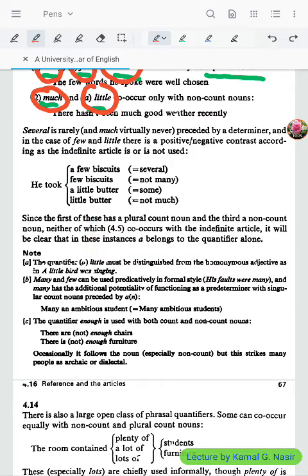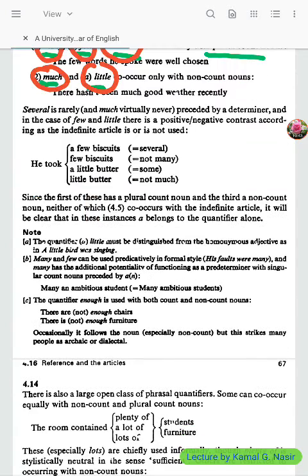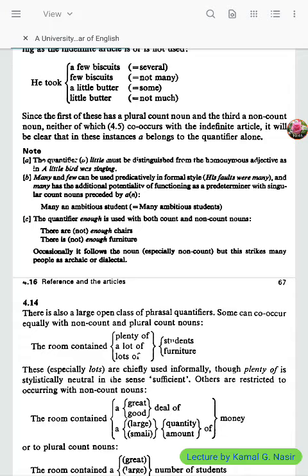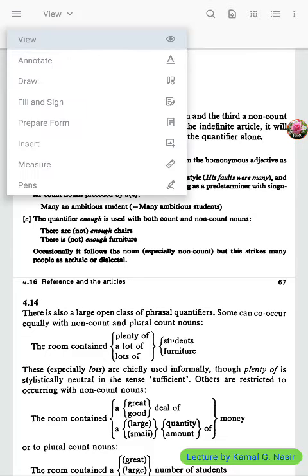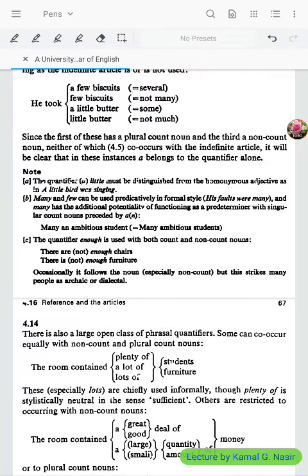Good. When we use it with a, a few biscuits, we say it means several. Now few here means several.